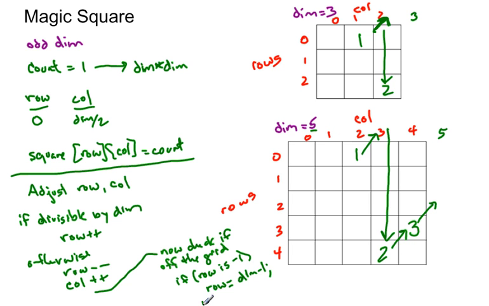So I could say if the column equals 5, I suppose that needs to be a double equals there, then I go all the way over here. And I just switch column to 0. And there we go. We've basically worked out how to change those, and I have to do this over and over again in a for loop all the way from 1 to dim times dim.